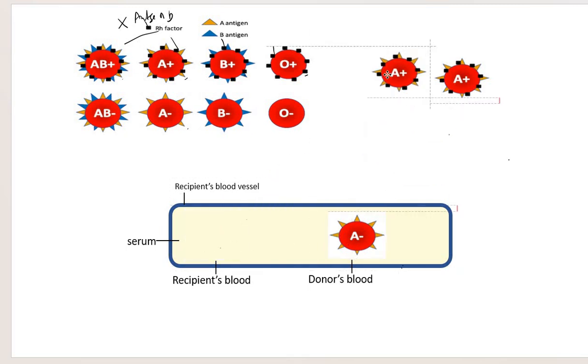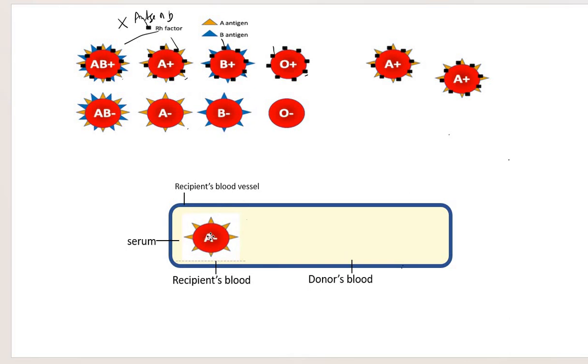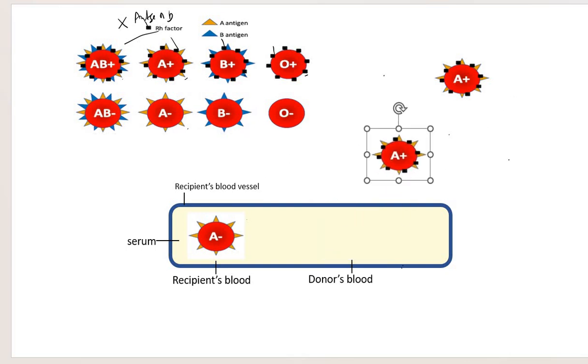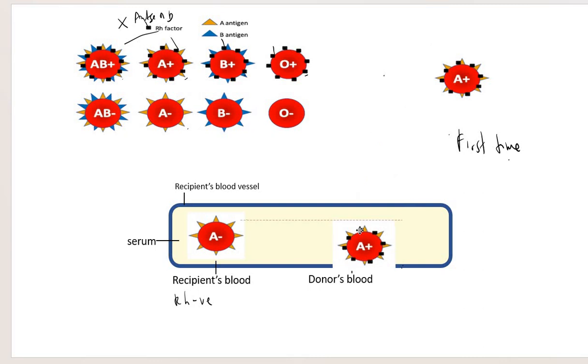But what happens with this one? If the recipient blood is A negative and the donor blood is A positive, something will occur. Why? Because this is the first time. Let's say this is the first blood donation. This A recipient, Rh negative, receives blood from the A plus or Rh positive donor.